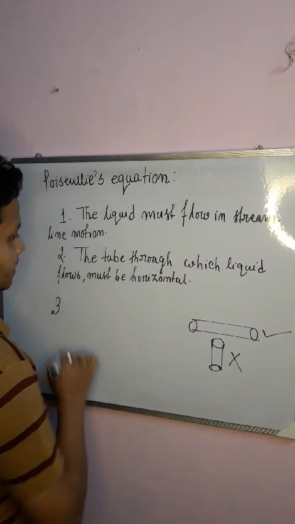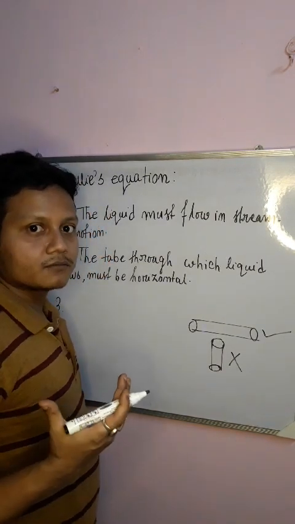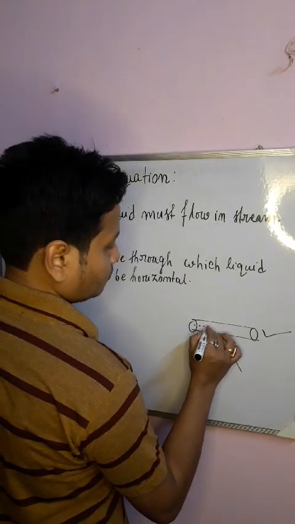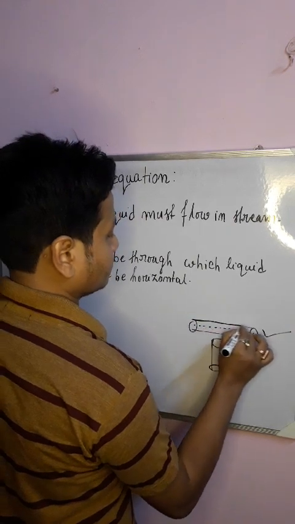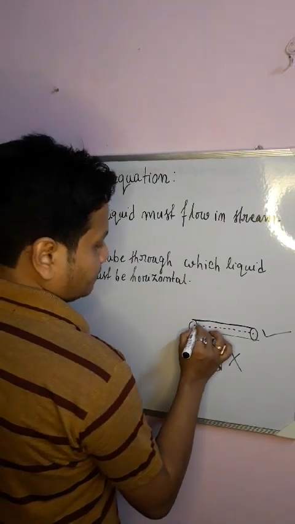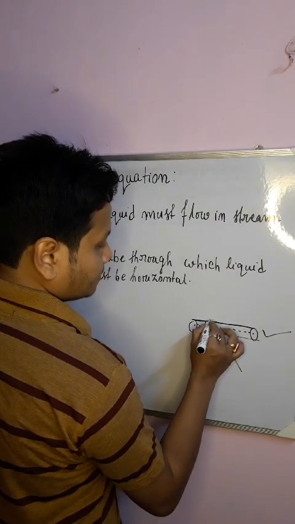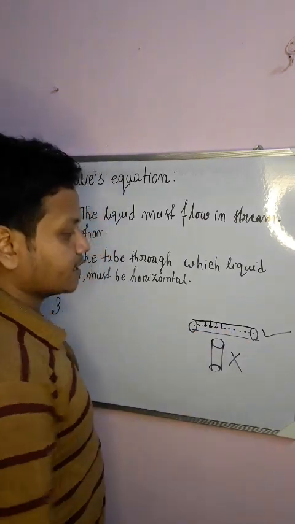The next assumption is that the liquid layer in contact with the surface of the tube is at rest. That means if this is a tube and this is the axis, the upper surface is at rest. As we move along the axis, the velocity increases and is maximum at the axis.